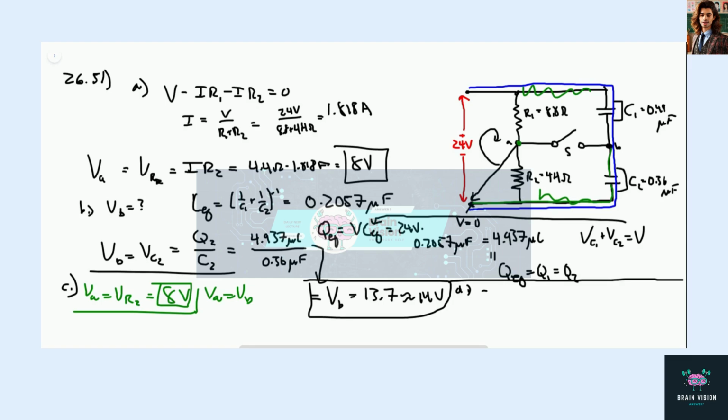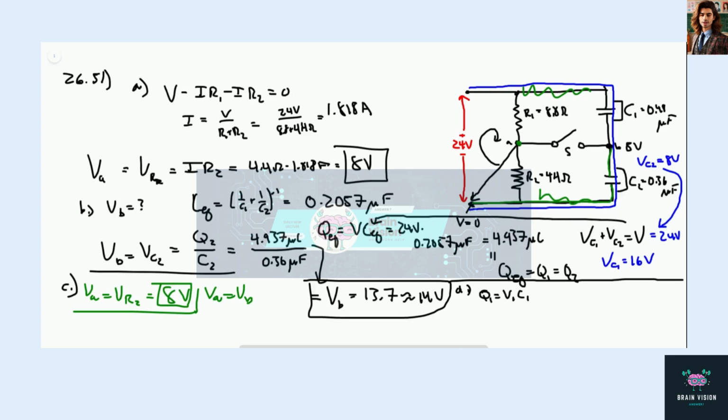There's no current going through them, but we know that Q1 equals V1 C1. If the voltage at A and B is 8 volts, that means the voltage drop across C2 is 8 volts. From the equation we used in part B, the voltage across C1 must be 16 volts, because the total was 24 volts.